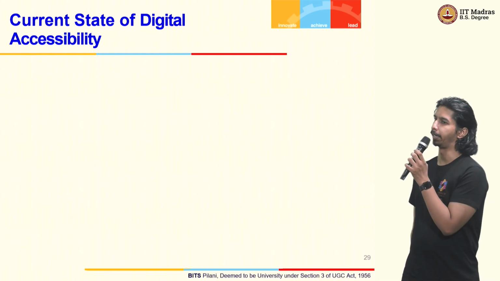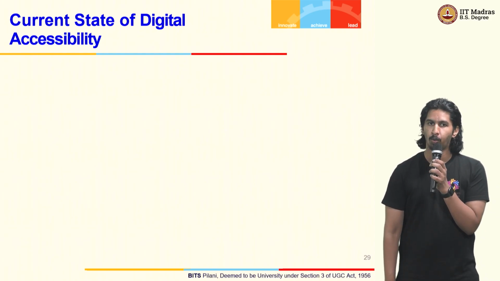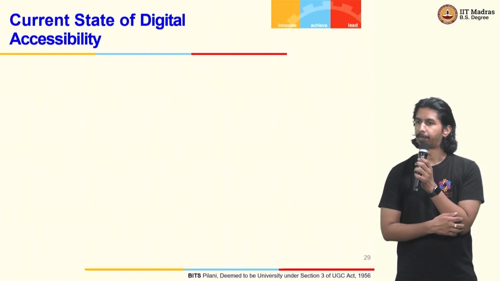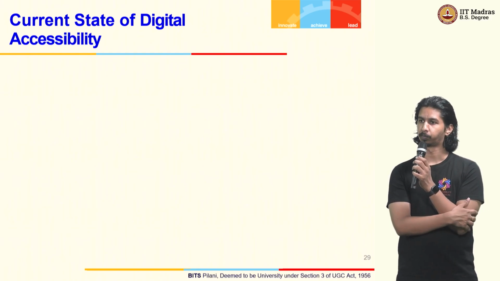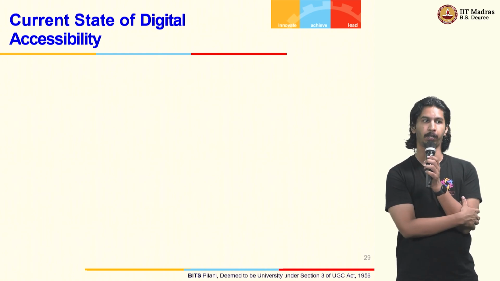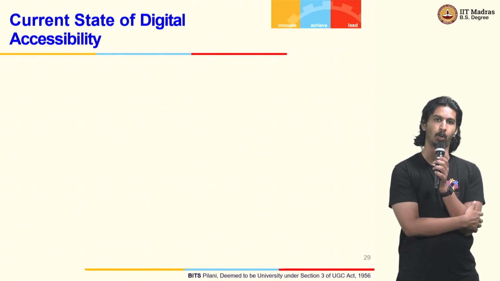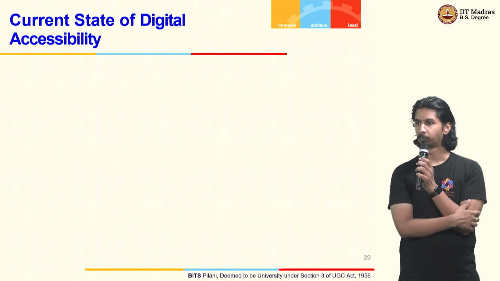But what about the current state, right? So do you think all our internet is accessible? If it is not, what percentage is inaccessible? Any idea? What percentage of the internet is accessible or inaccessible? Anyone?